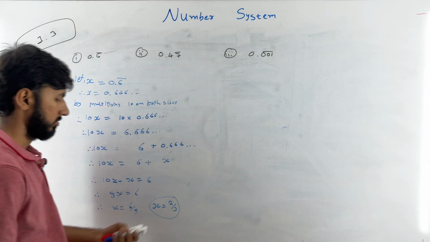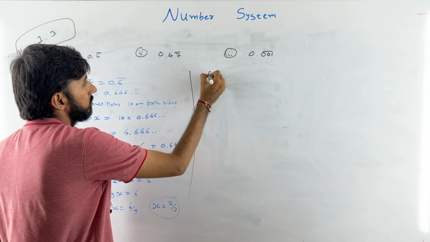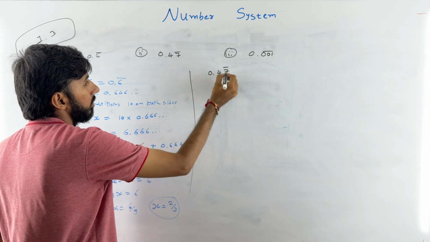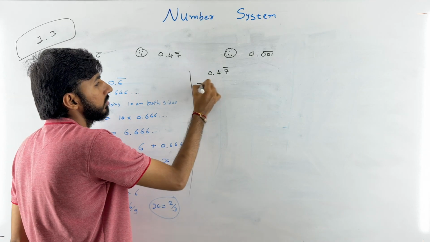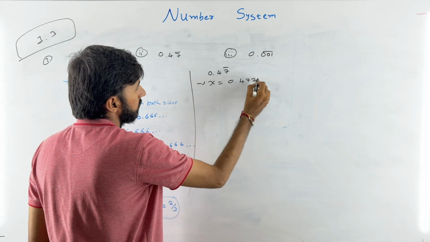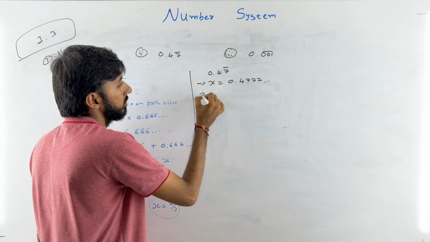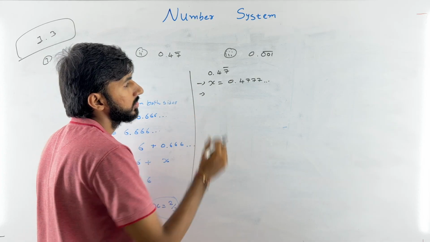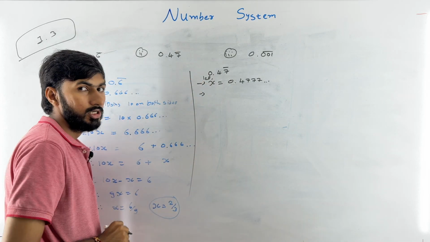Now for the second one, that is 0.47, and the bar is on 7 only, right? So in the first step we will assume that x equal to 0.4777. It will go on. Now in the second step I have to multiply both sides by 10, because here the bar is on a single digit.